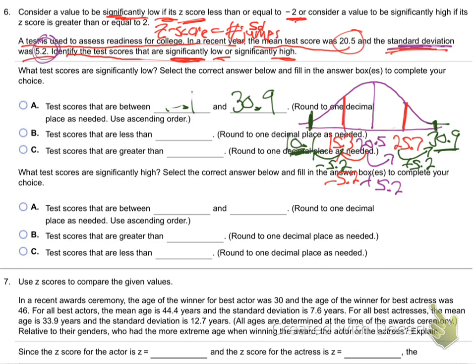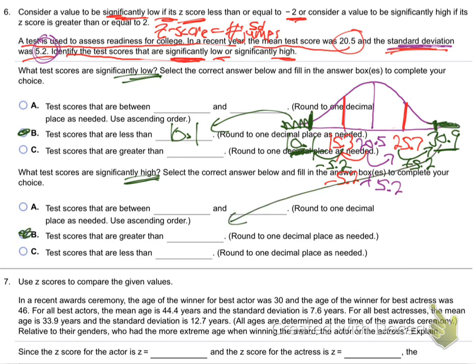I better read this more carefully. It says significantly low. This first one's low, and the second one's high. So the low will be test scores that are less than 10.1, right? All the scores down here below the 10.1, those are the lesser ones, and the high ones are the ones above 30.9.